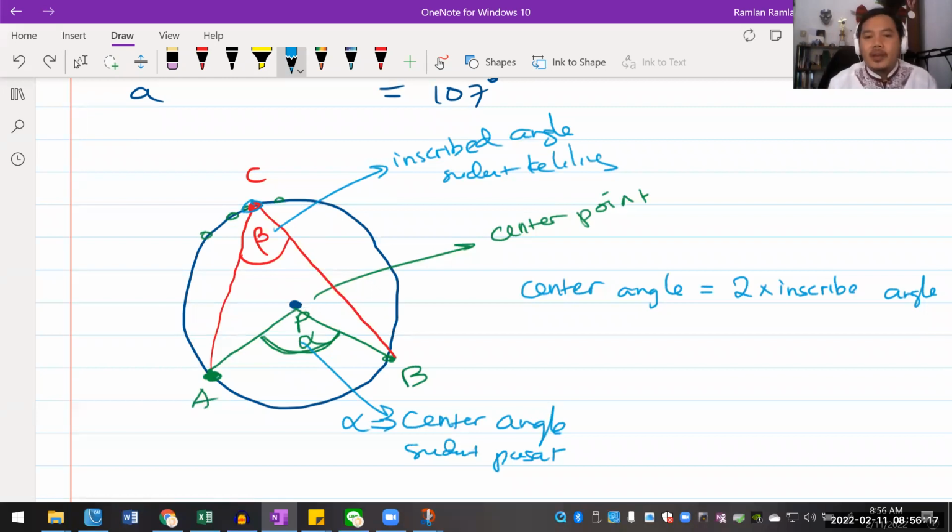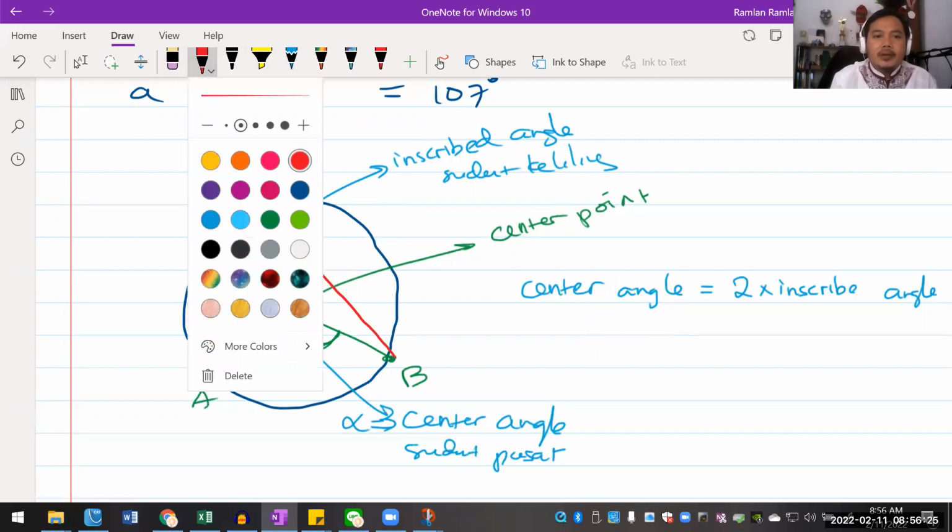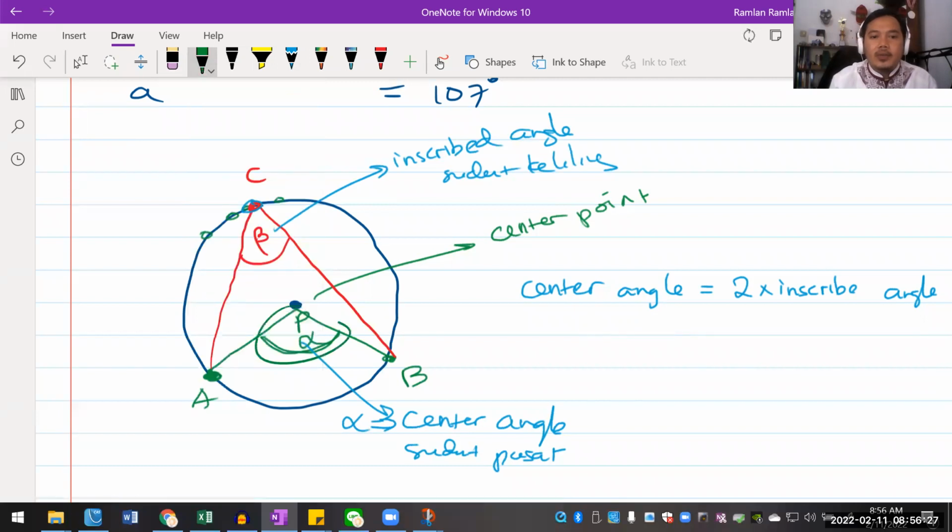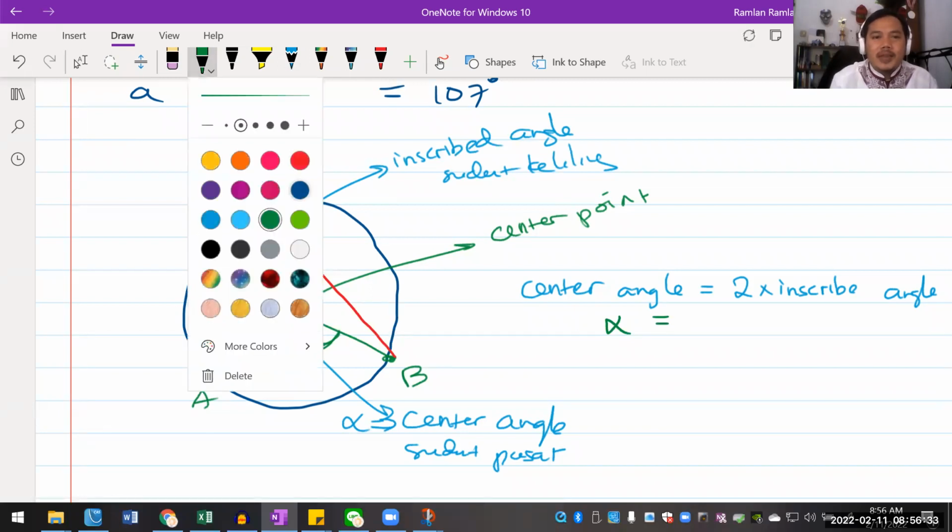So I can write down alpha equals 2 times beta. I'm going to use another color to make it clear that alpha is the green one, the Hulk, and that will be equal to 2 times beta.